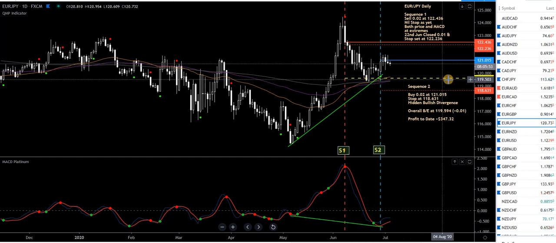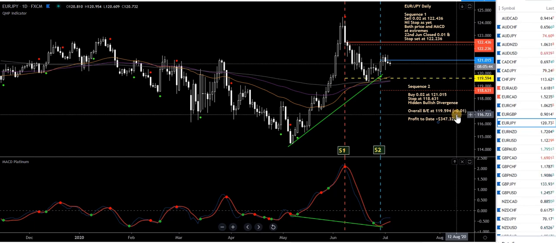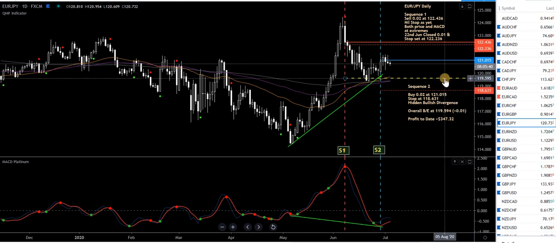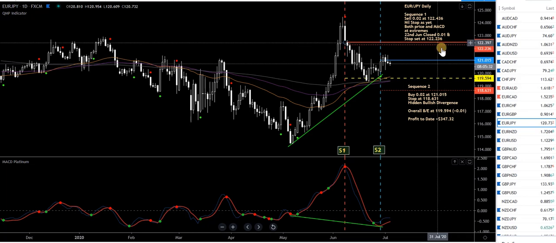My overall break even is this yellow line because I'm net positive, plus 0.01. As long as price remains above the yellow line, I'm in profit with both trades.